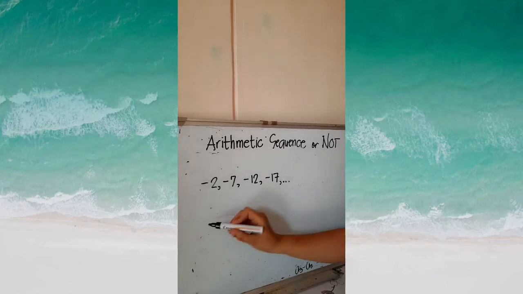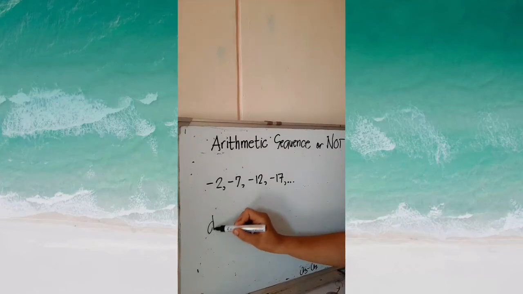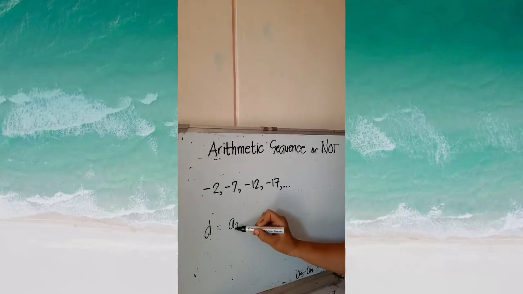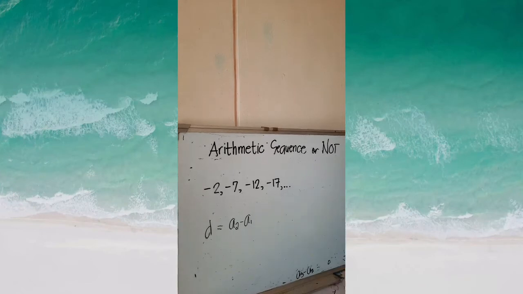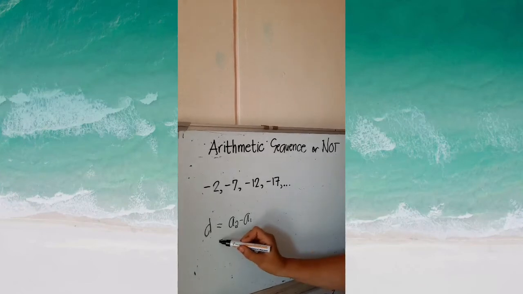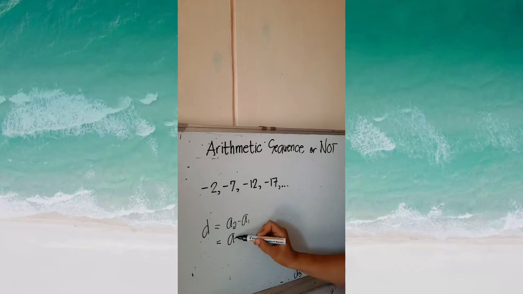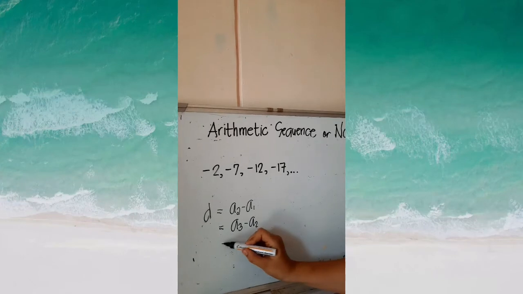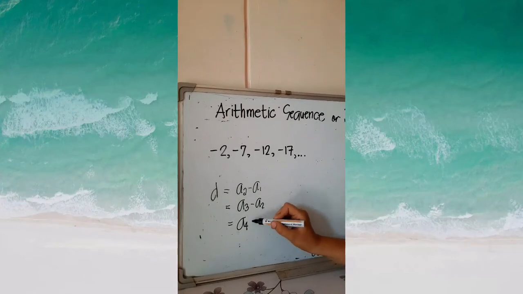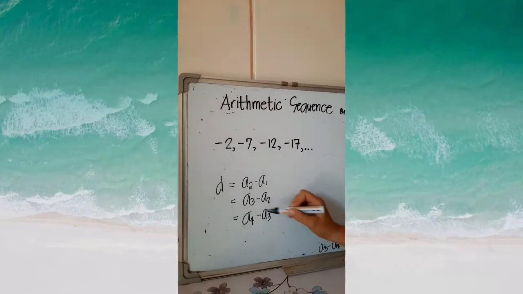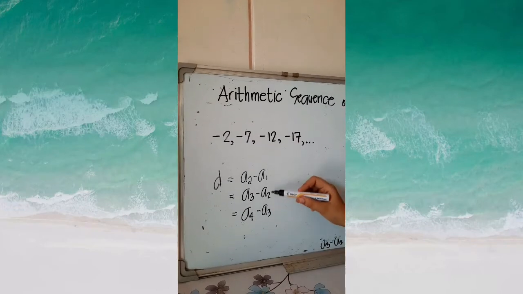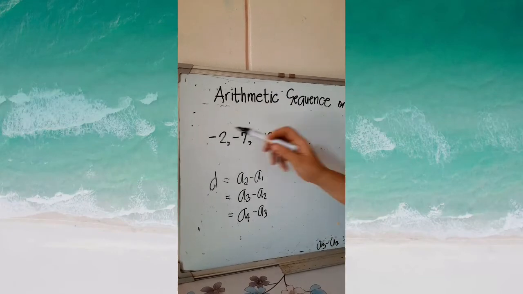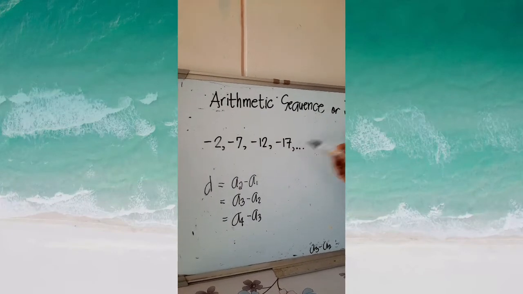We subtract our first term from our second term, then our second term from our third term, and we can also subtract our third term from our fourth term, and so on. If the differences are the same, we can conclude that this sequence is an arithmetic sequence.